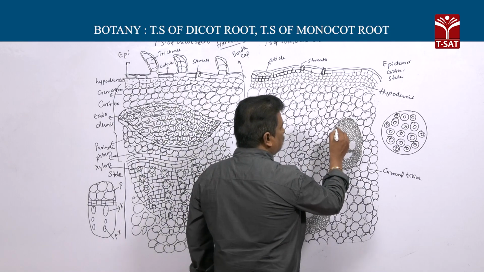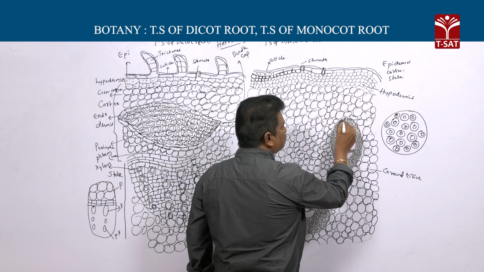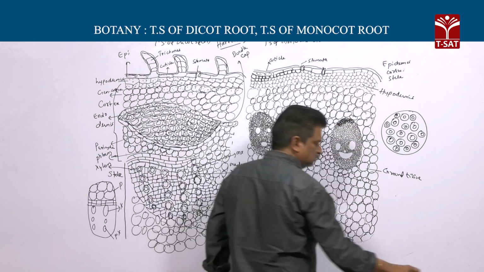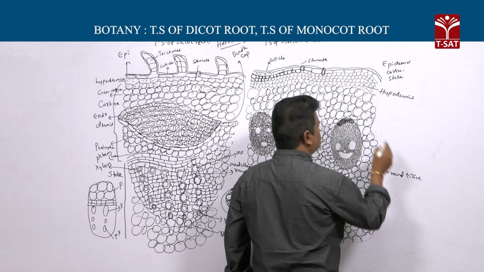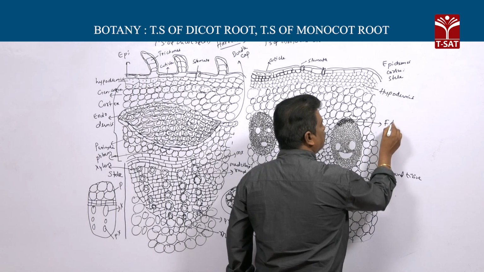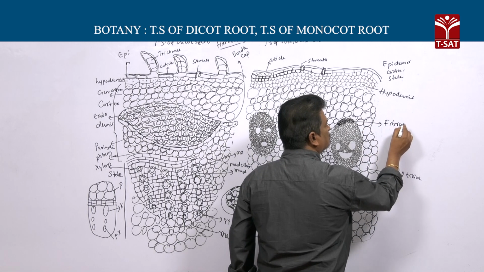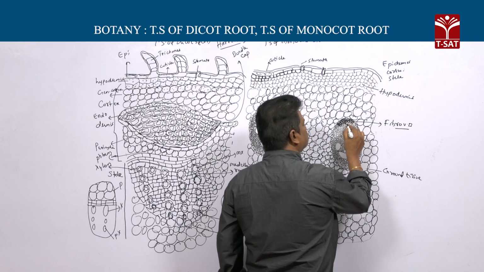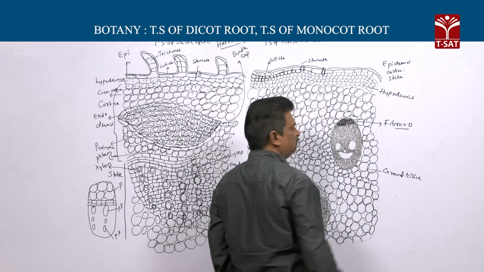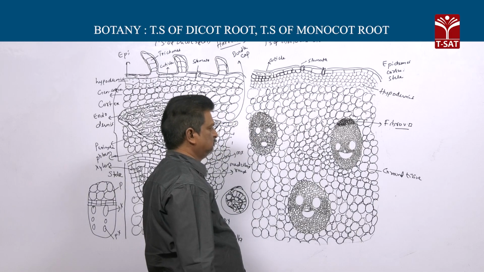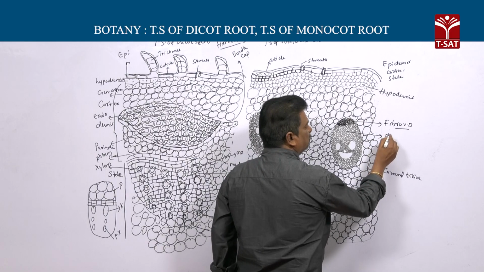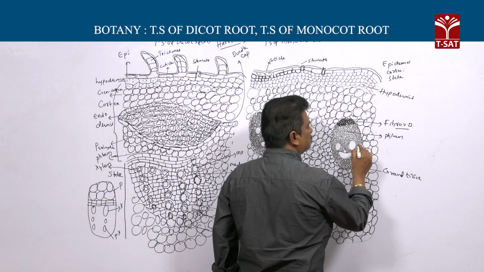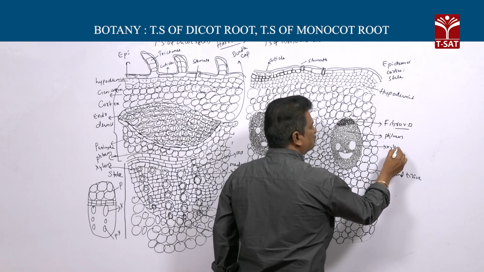Rightly, vascular bundles are called fibrovascular bundles, because these vascular bundles are surrounded by sclerenchymatous sheath. So, called fibrovascular bundles. Then, even in this, phloem is outside and xylem is inside.